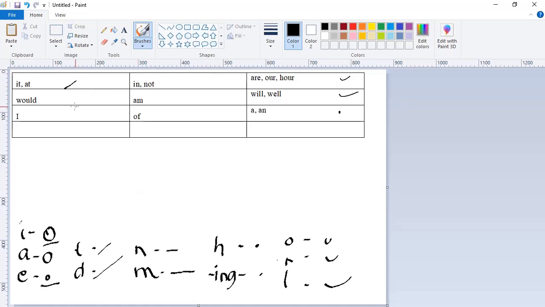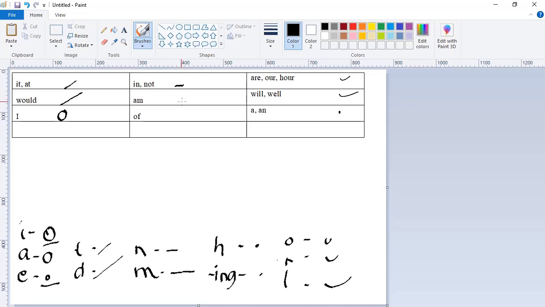Oh, please, I am assuming that you are writing down everything. Right? Like this. It and at equals, ayan, slanting line na paharap. Forward slanting line. Would. So, would is represented by our D stroke. I is represented by your A circle. In is represented by your N stroke.